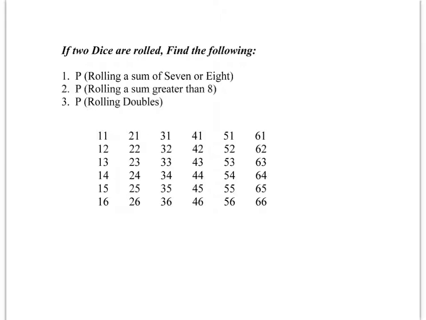What's the probability of rolling a sum of 7 or 8? Well, I know my bottom number is going to be 36. And let's look at all the different ways that I can roll a sum of 7. Well, 1 plus 6 is 7, 2 plus 5, 3 plus 4, 4 plus 3, 5 plus 2, 6 plus 1. So there's 6 ways of rolling a 7.